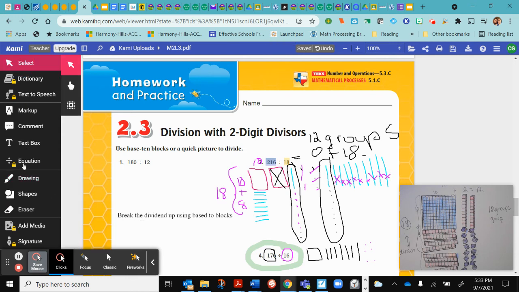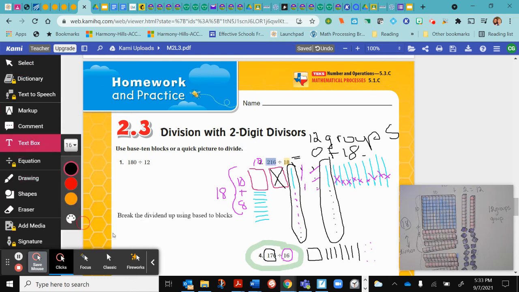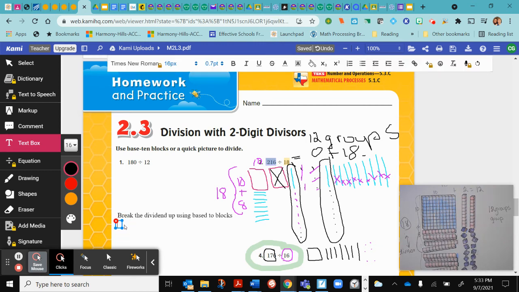So let me come back over here to my text box. And then okay, so how would you take this and make that into 16 using the same format that we did?